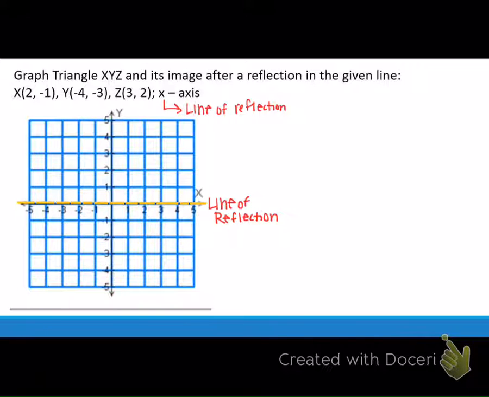Okay, then go ahead and plot your points, your pre-image, 2, -1, -4.